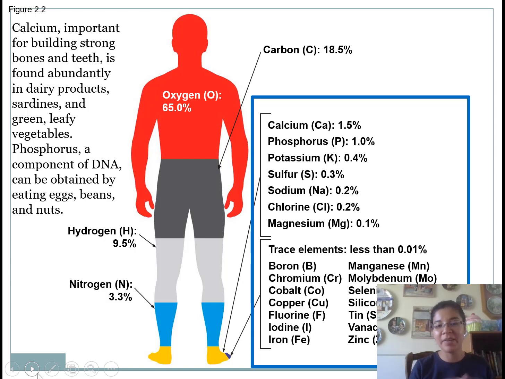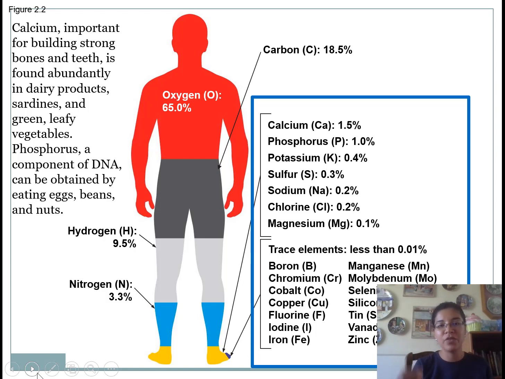So we have calcium at 1.5%. So in comparison to 65%, 1.5 seems very low. However, calcium is very important. You know, your mom told you drink milk because it has a lot of calcium, or green vegetables like spinach and kale because of the calcium. And calcium is so important because it is part of the formation of bone, right? It's important for building strong bones and teeth.